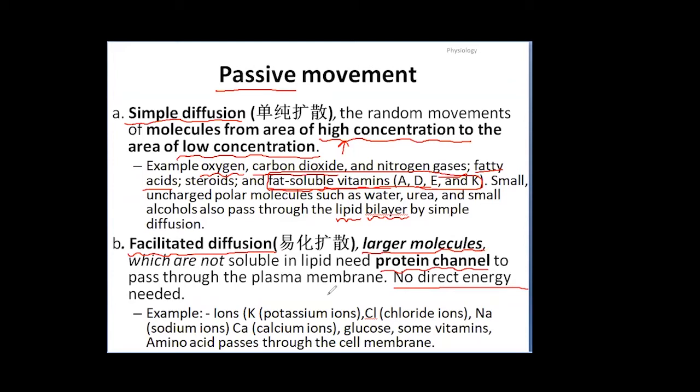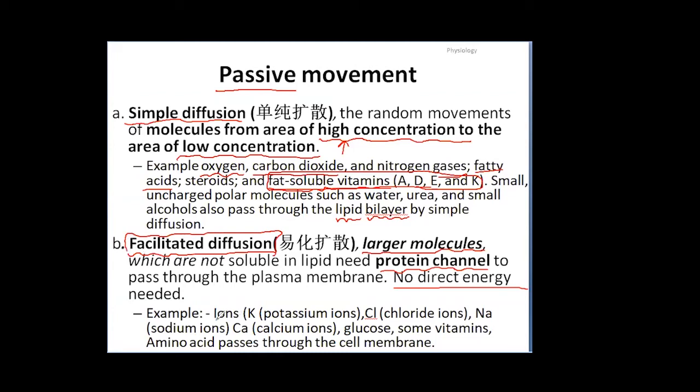You can think about a house with some windows. If we open the windows, maybe small animals like a cat or a duck can come in. And if we open the door, people can pass through. Because they're a little bit bigger, they need some protein channel to allow them to pass.